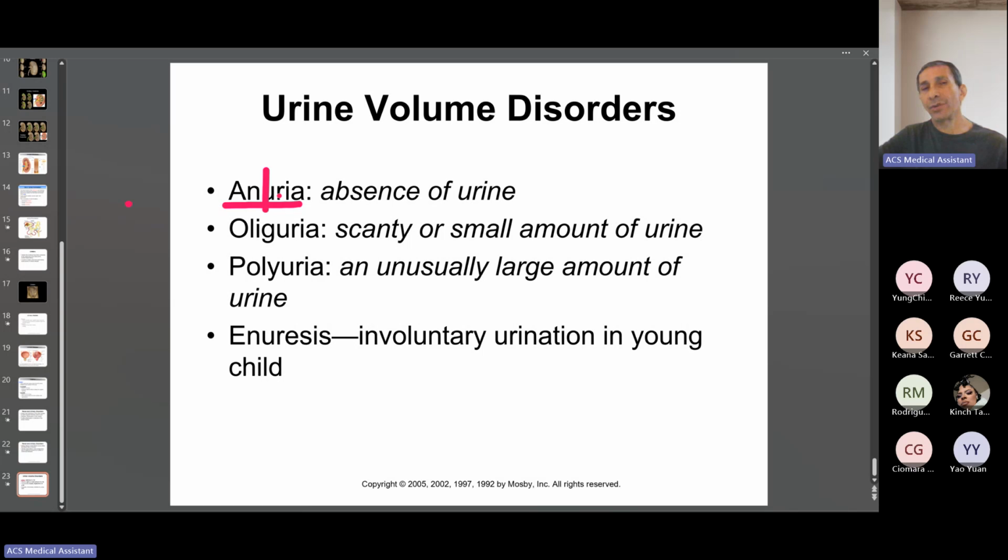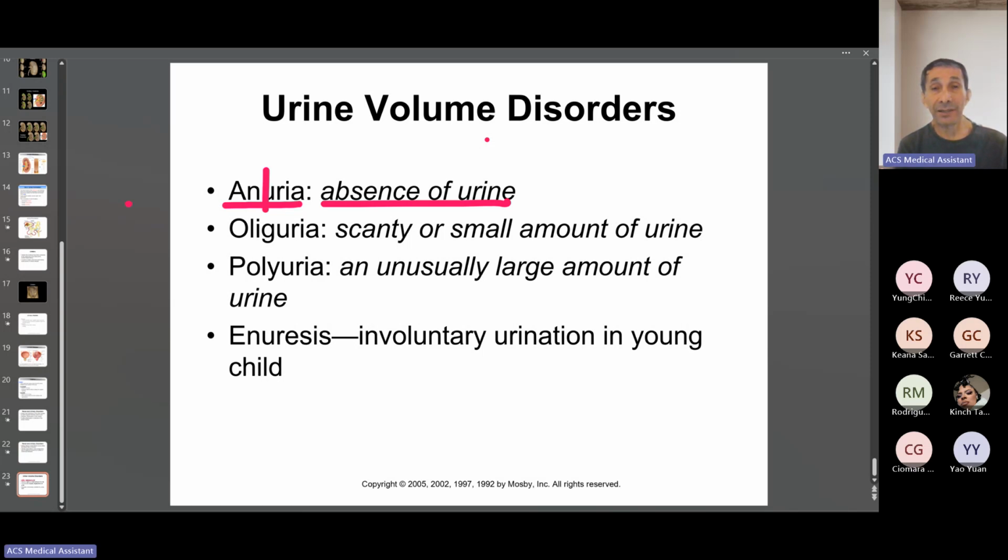Remember, urea means urine, AN means without, absence of urine. So once again, it's not that you are not passing urine, you're not peeing. Yes, it is, but it's not because the urine is within the urinary bladder and doesn't want to go out. See, that's the difference. This means that your kidneys are not producing enough urine.